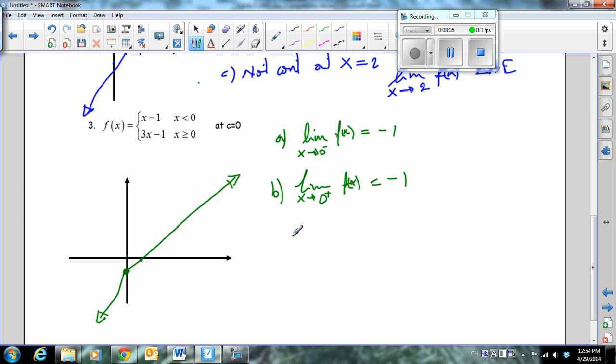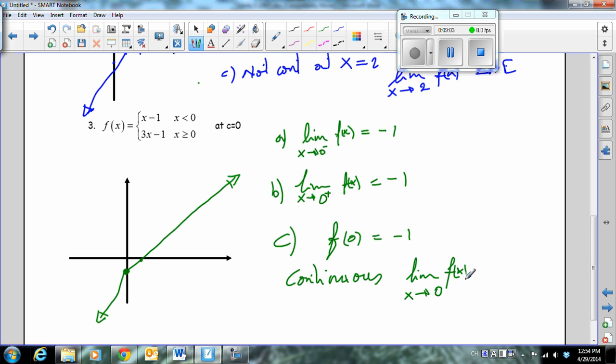So see, since those two limits are identical, let's find f of 0. F of 0 is also -1. So I will say continuous. And it's continuous because the limit as x approaches 0 from both sides is identical, and not only that, is equal to f of 0.